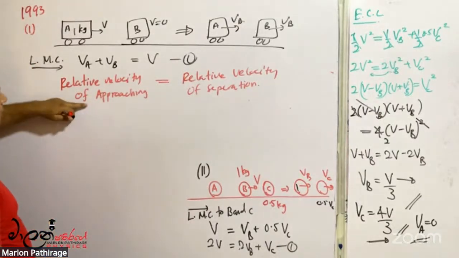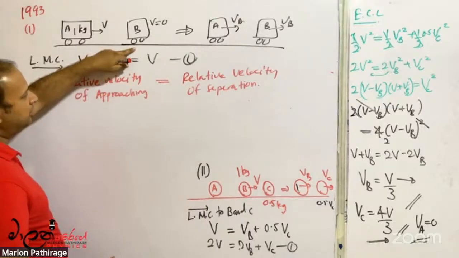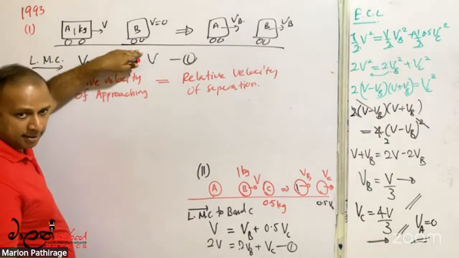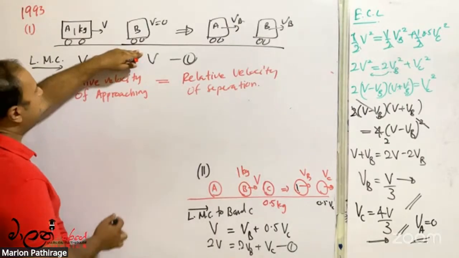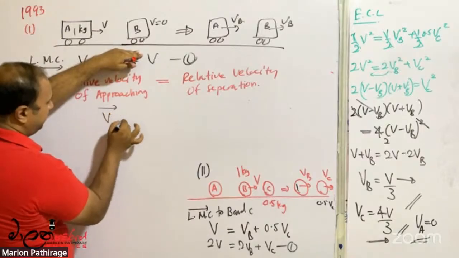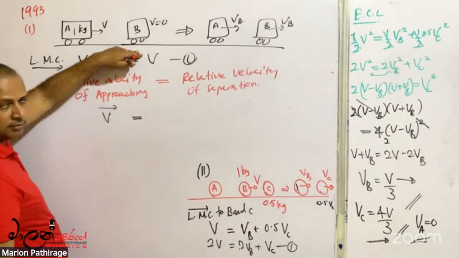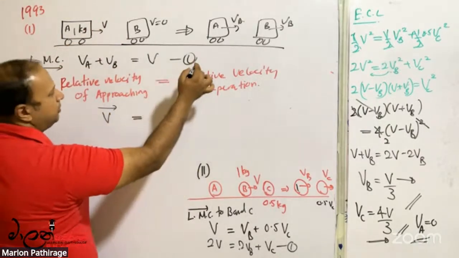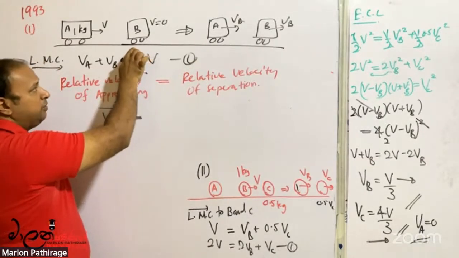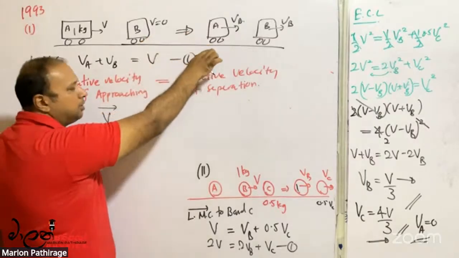Now relative velocity of approaching. If you consider the relative velocity with respect to B, B is already stopped. Therefore, relative velocity is equal to V into this side. Now you have to take relative velocity of separation. Now initially you have to stop B with A. Now you have to stop A here.